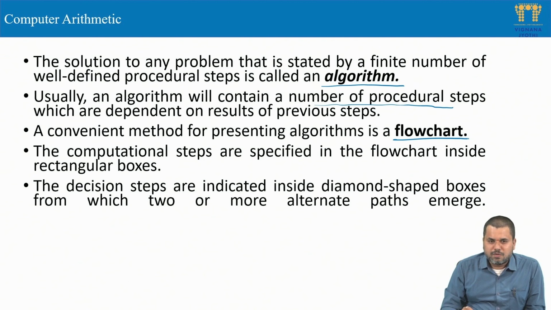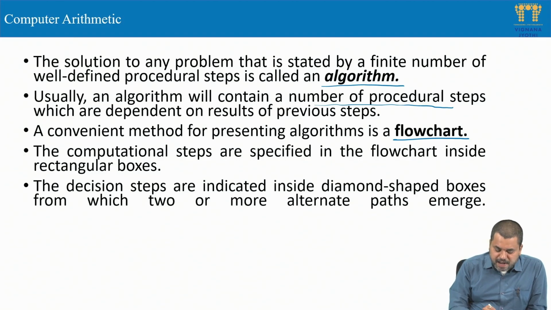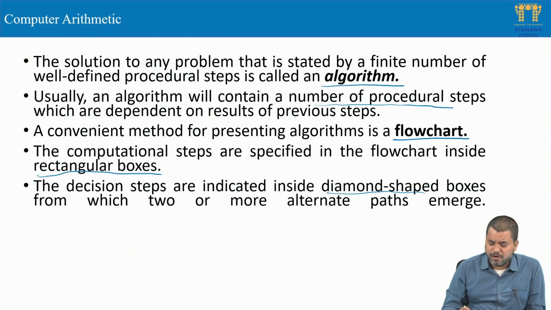In a flowchart, all the computational steps are represented using a rectangular box, and the decision-making steps are represented using a diamond-shaped box, where we can take two or more decisions alternatively.